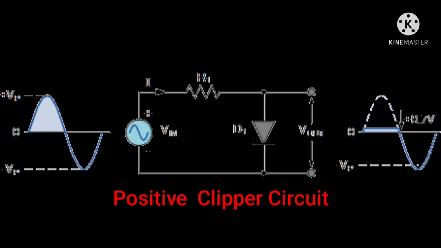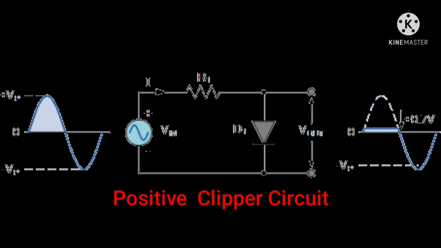The diode is forward biased when the anode is more positive than the cathode. During the positive half cycle of the sinusoidal input waveform, the input voltage magnitude must be greater than 0.7 volts in a silicon diode, while germanium has 0.3 volts as the diode material base.